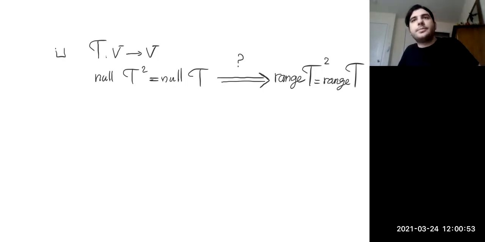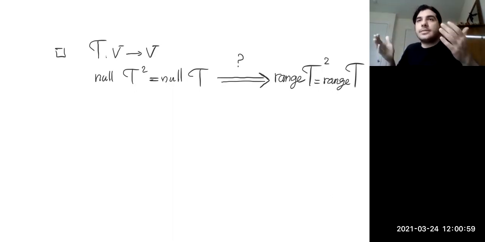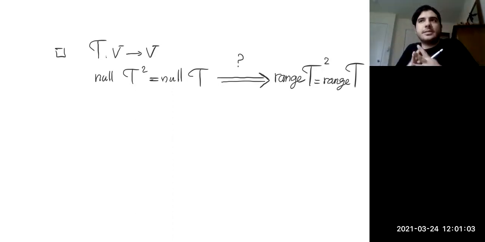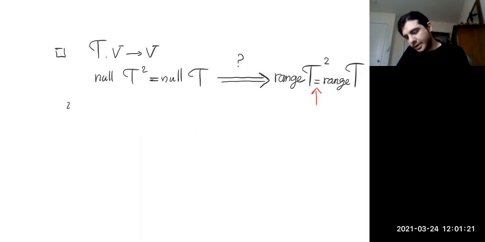That's the question. So first note that these are subsets. Range of T squared and range of T are vector subspaces, and therefore they are sets. Whenever I want to prove two sets are equal, I want to show each of them is a subset of the other one. So in order to prove this equality, I would like to show two things.